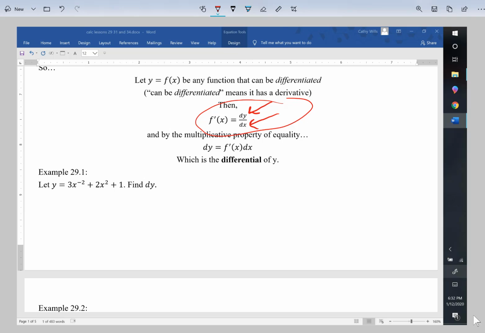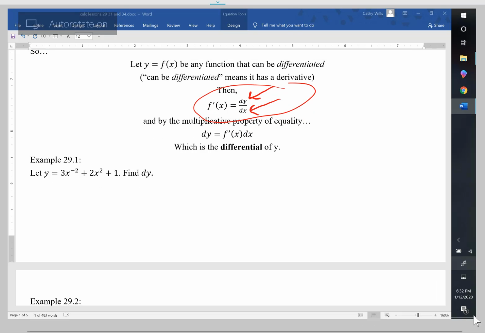So if you have a function, y, or f of x equals 3x to the negative 2 plus 2x squared plus 1, and you want to find dy, then you just remember that you're finding dy dx.